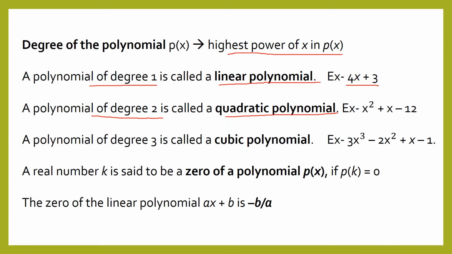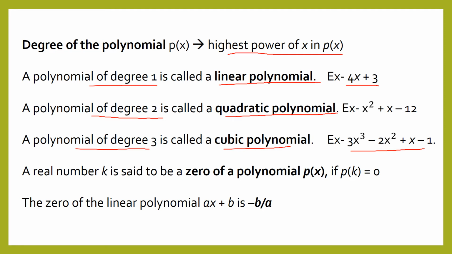A polynomial with degree 3 is called cubic polynomial. For example, 3x to the power 3 minus 2x squared plus x minus 1. Here, the maximum power of x is 3, hence the degree of the polynomial is 3 and therefore it is called cubic polynomial.